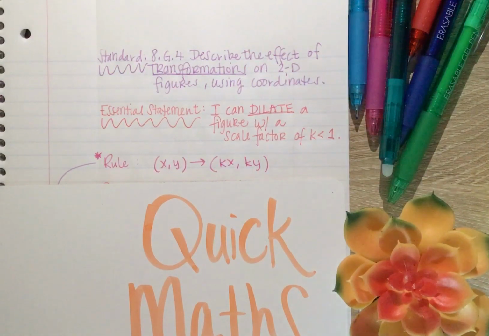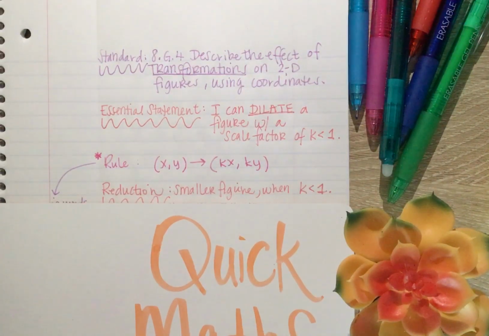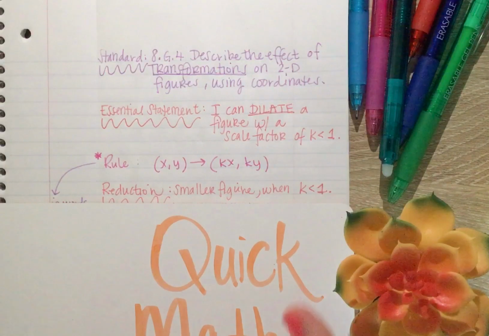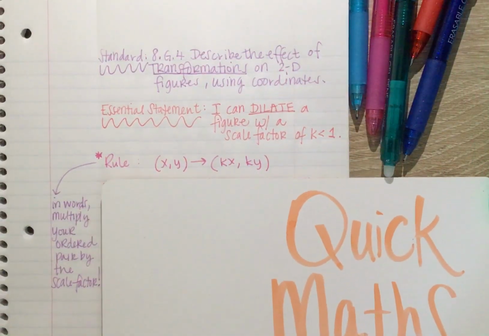It's weird, I know. In words, the rule means you multiply your ordered pair by the scale factor. That's all that means.